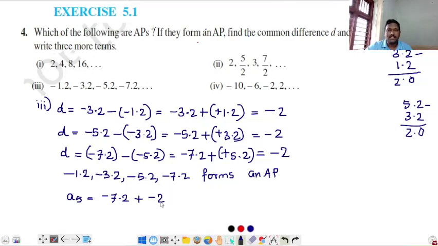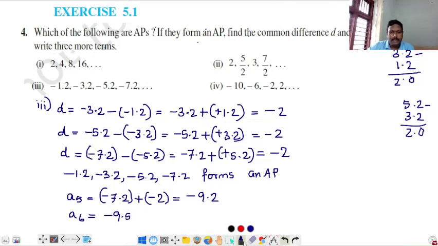Both are negative, so you add these two and put the same sign: −7.2 plus −2 is −9.2. So A5 is −9.2.